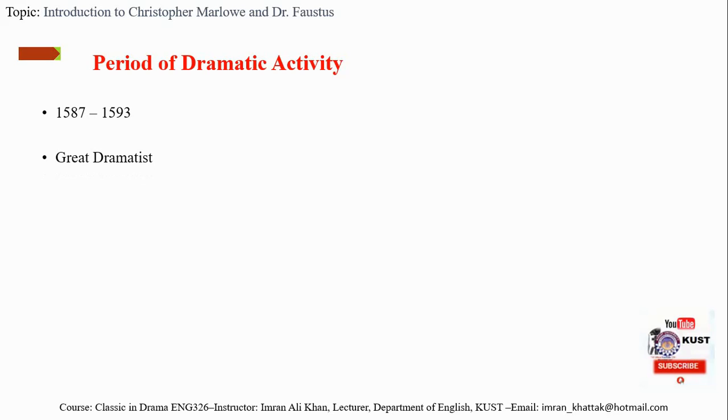His significance in some circles equals him to William Shakespeare, because Shakespeare, who was born in 1564 and died in 1616, produced 37 plays, while Marlowe in his brief dramatic period produced 6 important plays.